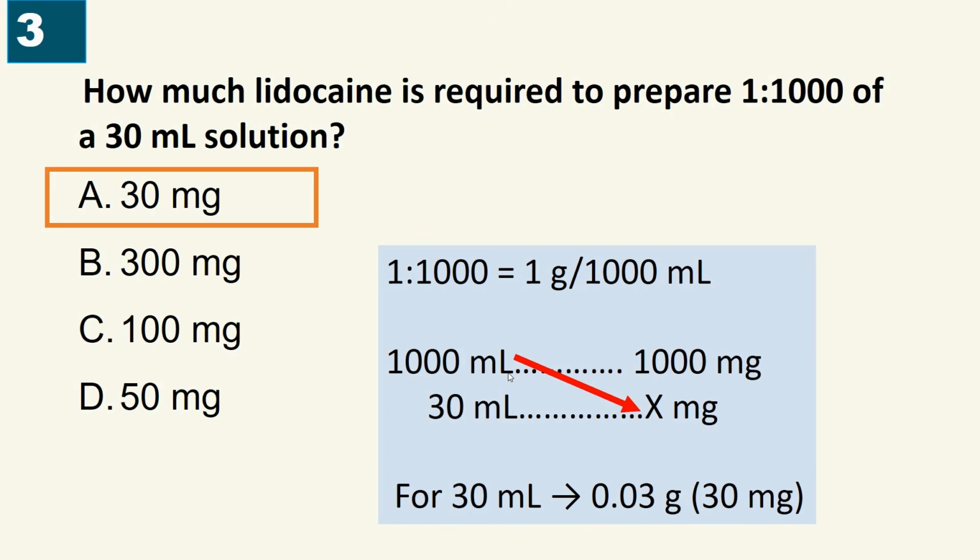So here, point one arrow to the x and another arrow to the 1000 mil, and those two arrows have to be facing the same side. If you cross multiply, it means 30 times 1000 divided by 1000. So it comes to 30 milligram after cross multiplication.